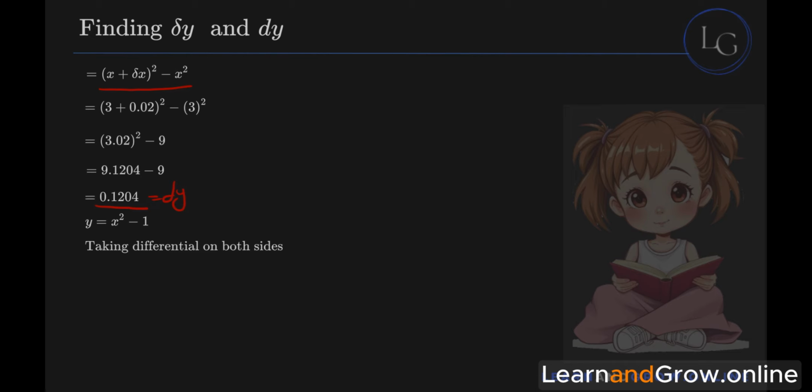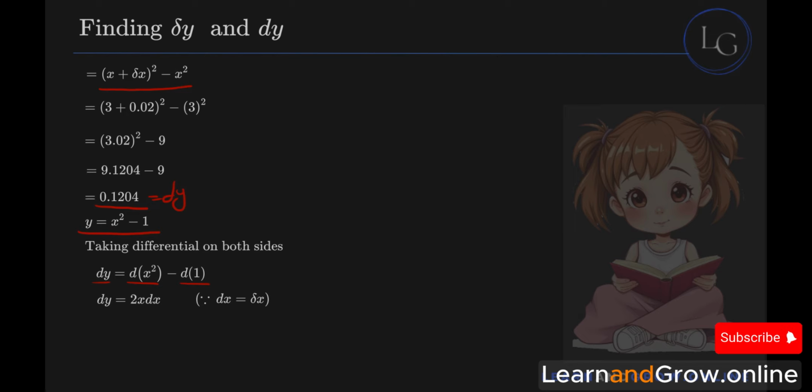Take the differential on both sides of this equation. So obviously this y will become dy, and you'll have d of x squared over here and d of 1. When you take the derivative of x squared, you basically just get 2x dx, because obviously this is not dy by dx, this is just the differential of x squared.